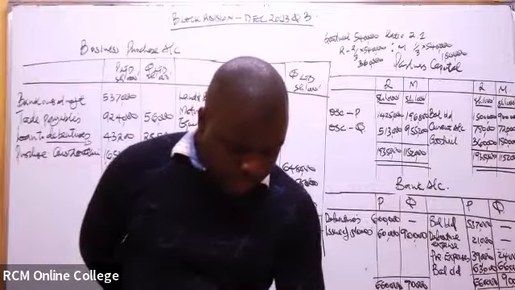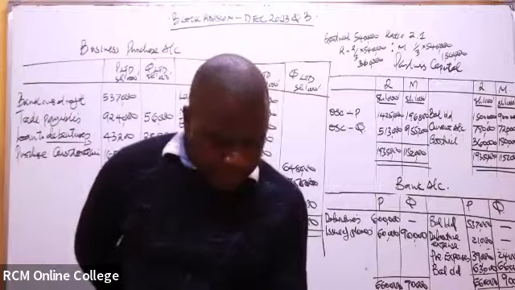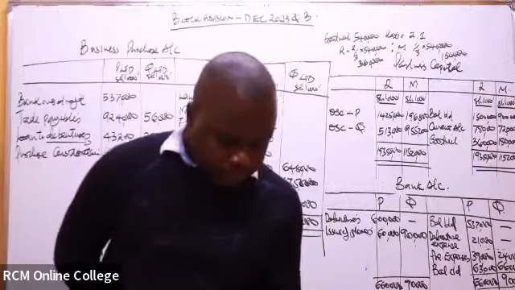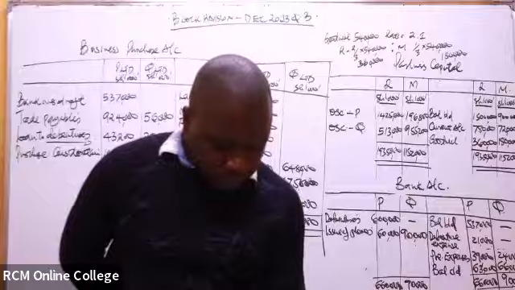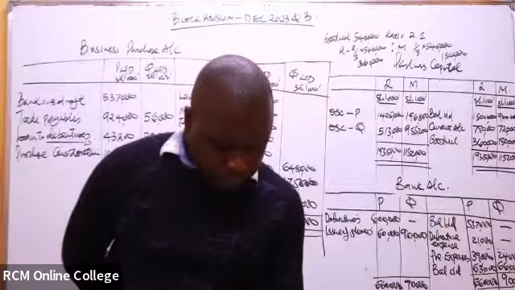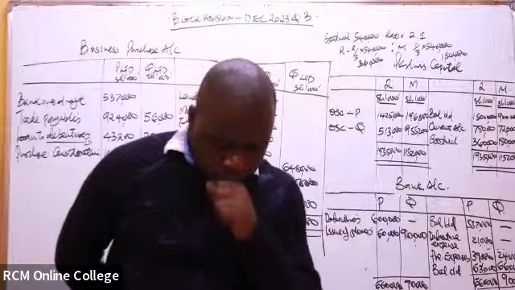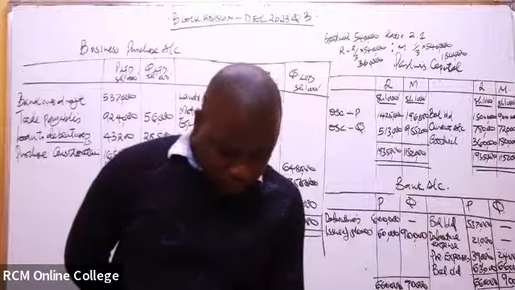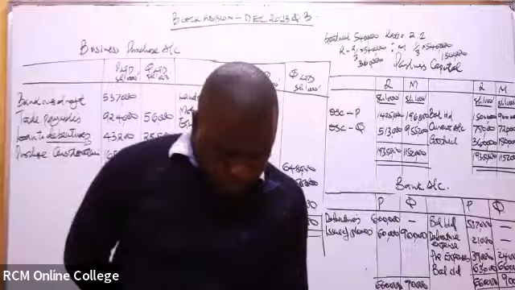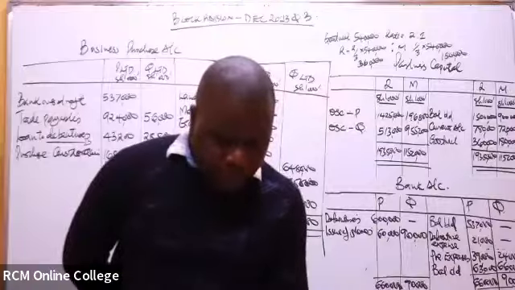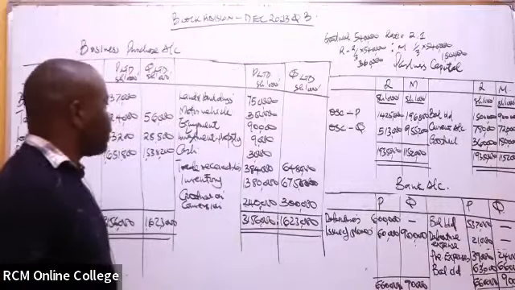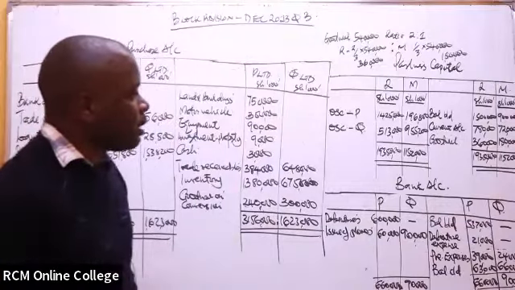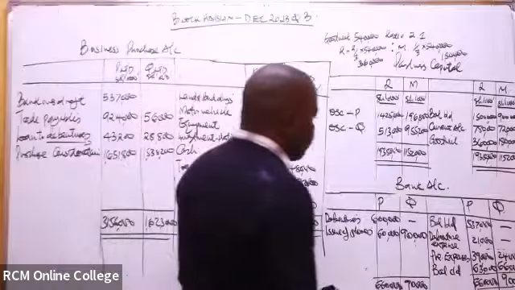Money in the bank will end up being a current asset. So we can now come up with the next one, which is the vendor's account. We can draw up the vendor's account.